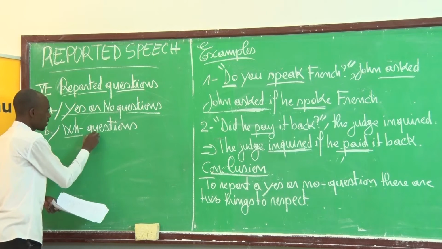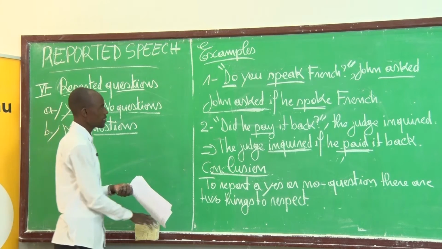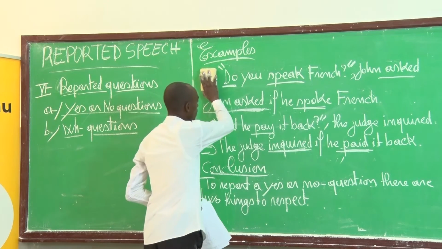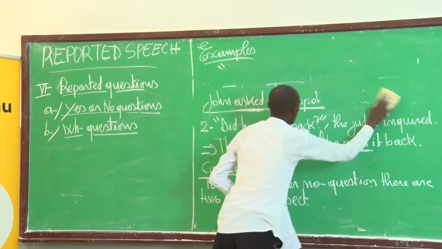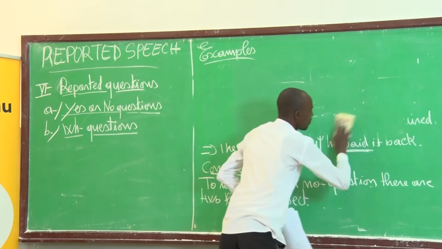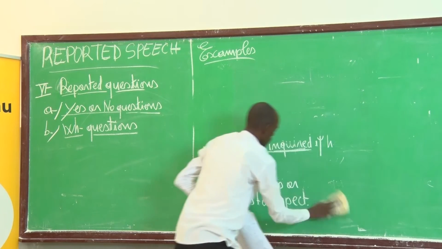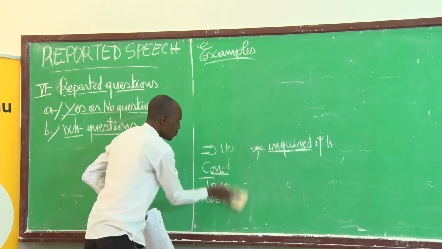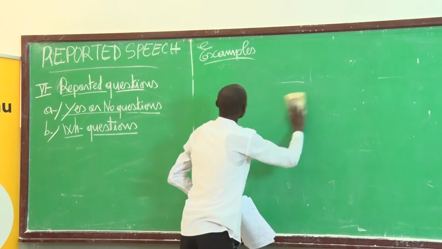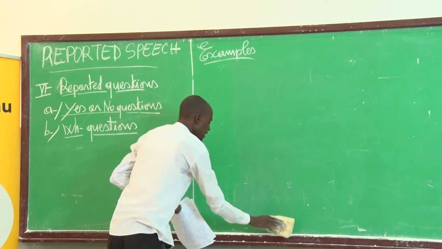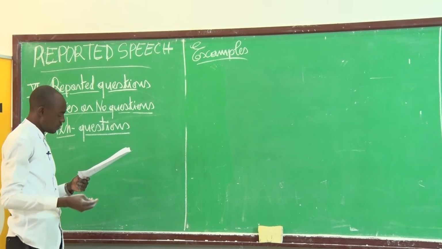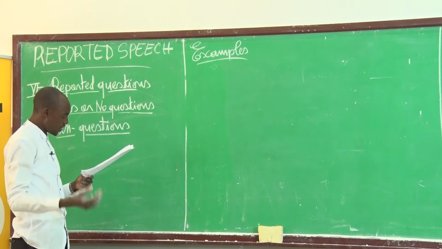Double H questions are questions that start with interrogative words, such as what, where, how often. We have also who, and so on. Let's take some examples on double H questions.